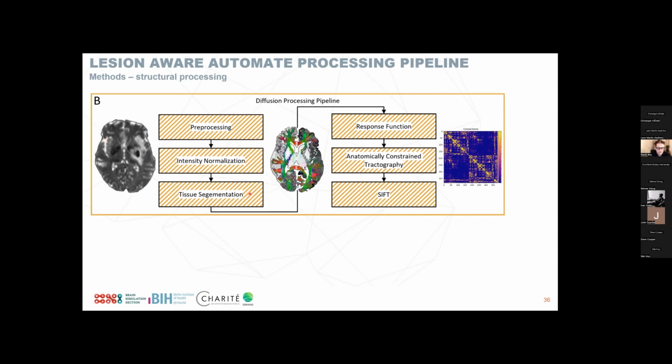Again, we do the segmentation to enable us to perform anatomically constrained tractography. We're averaging the response function, again, to allow group-based comparison. And then we run this anatomically constrained tractography and SIFT to get from these tracks that we've seen, with the combination of the region of interest, to create our connectome.